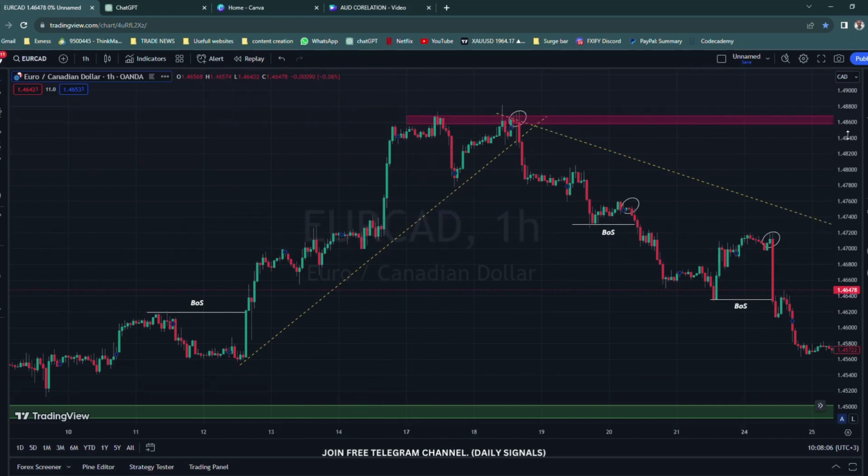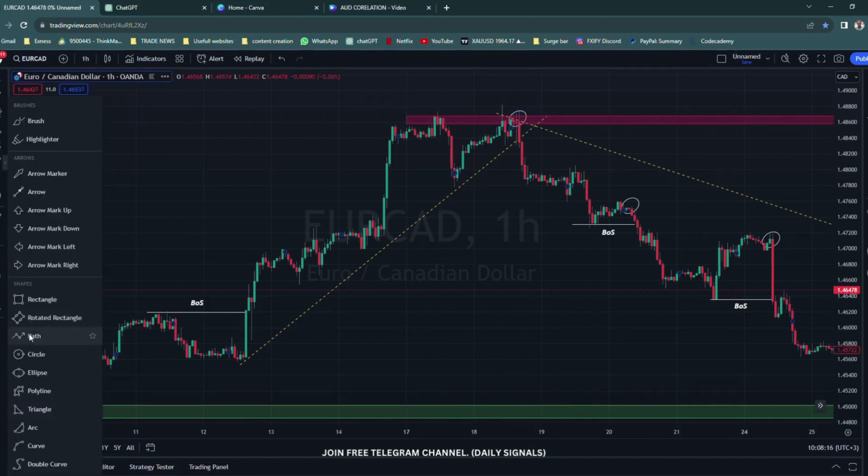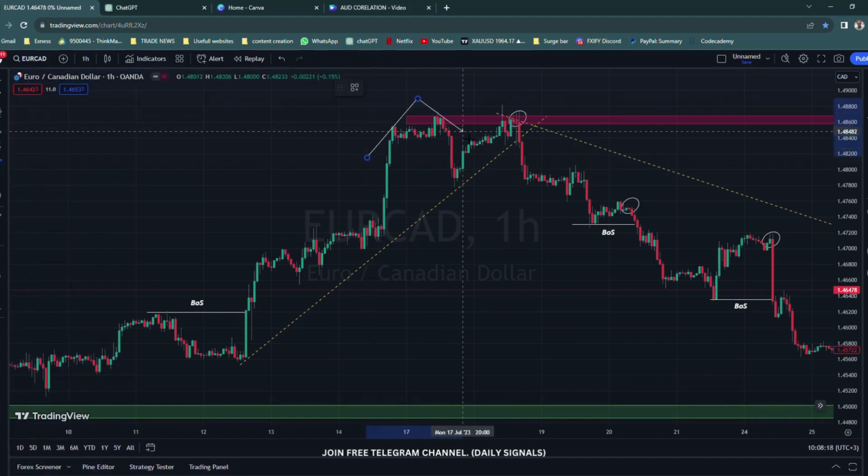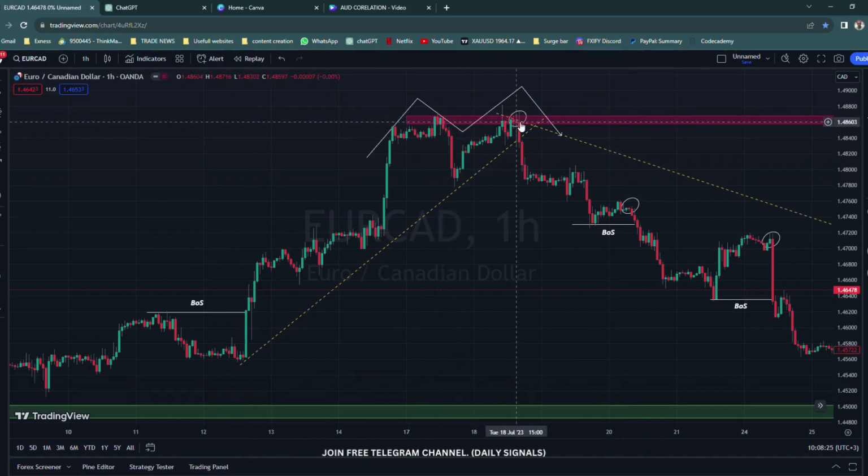Now at this point, which is 1.486, we have another retest of the same zone, and we get a huge resistance right there. Technically we call this a double top, which means the big upward trend is taking a pause and changing to a different side.